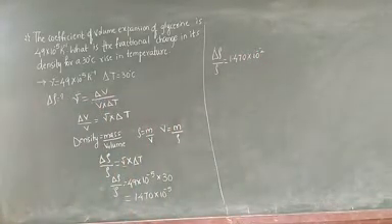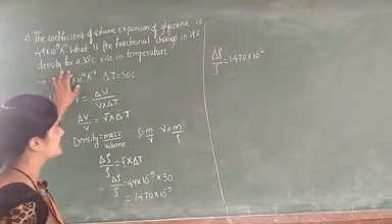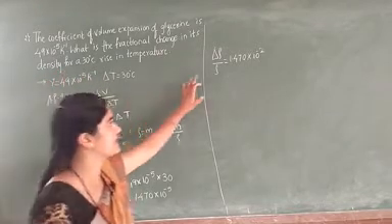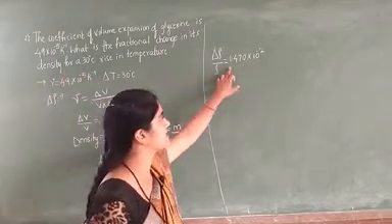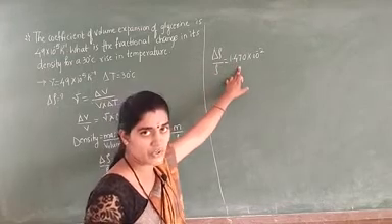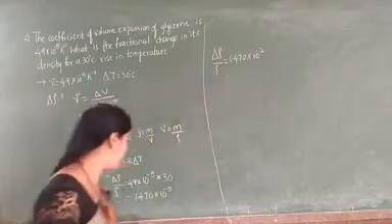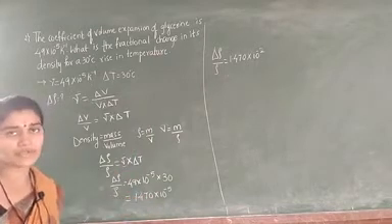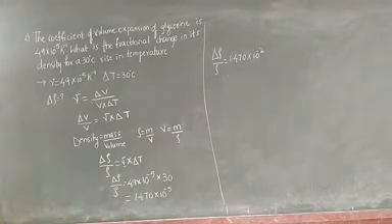Therefore, according to the question, we have to find the fractional change in the density. The fractional change in the density is 1.470 into 10 raised to minus 2, or 1470 into 10 raised to minus 5.